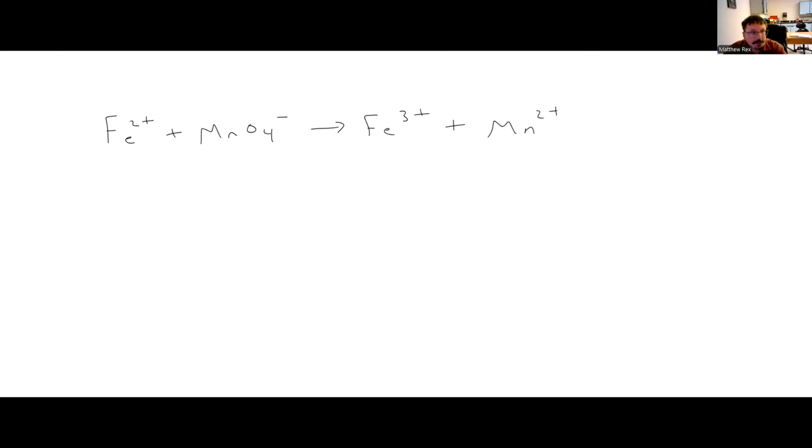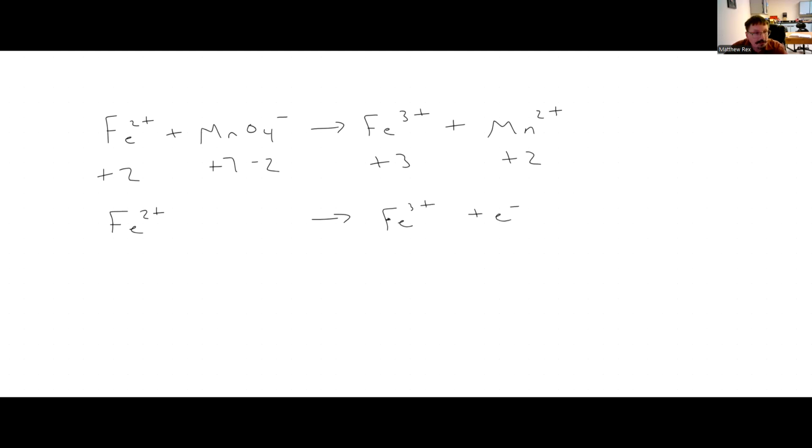Our oxidation states are plus 2, plus 7, minus 2, plus 3, plus 2. So manganese is reduced, iron is oxidized. We'll start with the iron. I think that'll be the easier one. It's oxidized to Fe3 plus. That should just be 1 electron that it's losing.